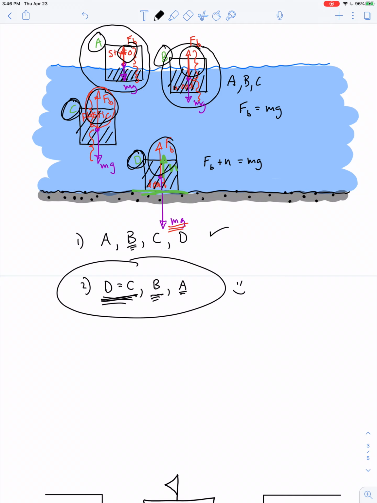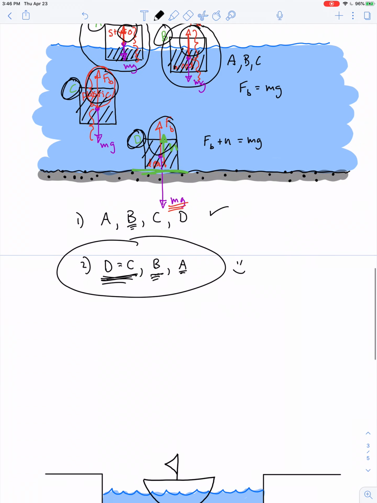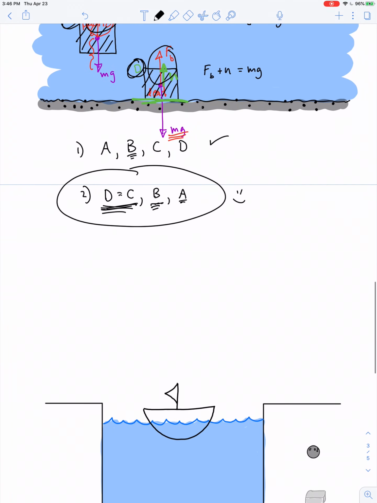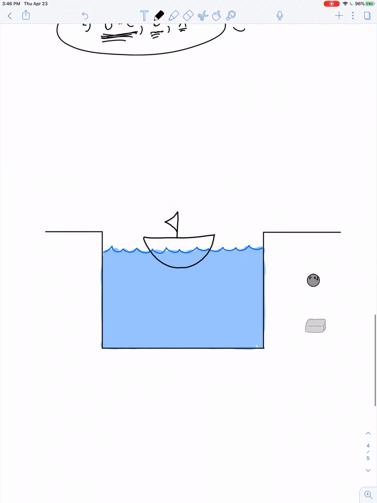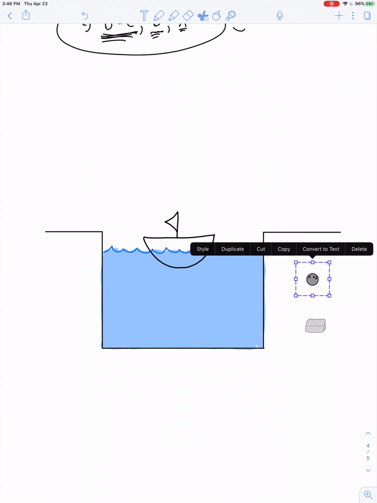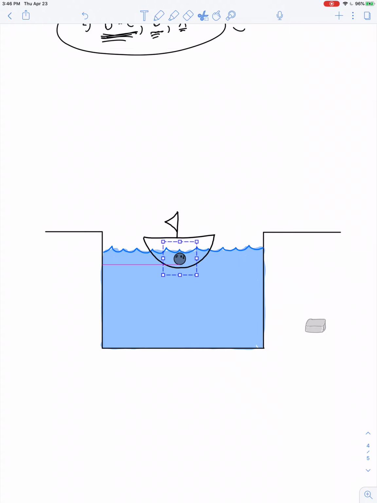Okay, one last question about putting this idea of Archimedes' principle to work, a challenge question to test your understanding. Let's go back to that idea of taking a bowling ball and putting it in a boat. But this time the boat isn't in the open ocean, it's in a contained space, maybe like a large swimming pool or some sort of tank of water.